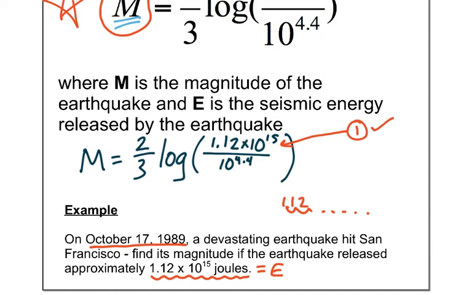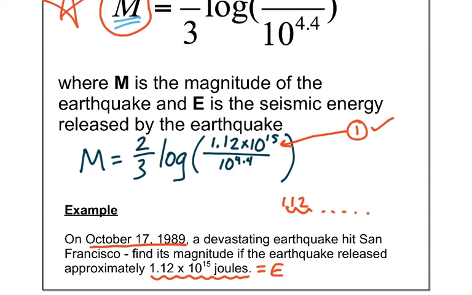Or, like I said in step 1, just write that into the calculator. I'll do 1.12 times 10 raised to the 15th power. Okay. And I'm going to get a huge number. And it is basically 1.12 with a ton of zeros after it.